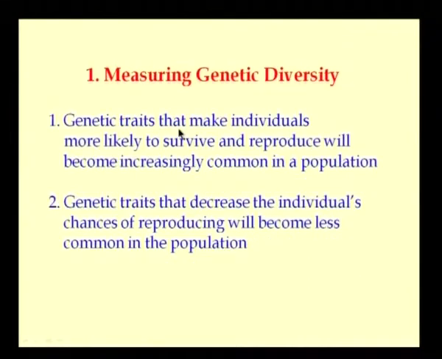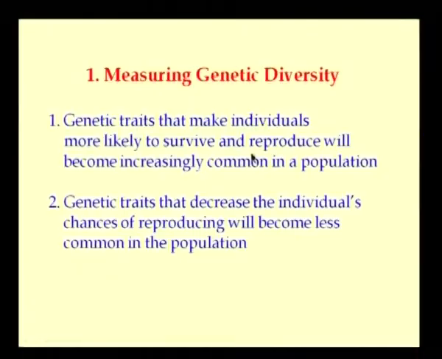So, therefore, genetic traits that make the individuals more likely to survive and reproduce will become increasingly common in a population. In the earlier lecture, we looked at what is meant by a population. All the individuals that belong to one single species is called a population. So, genetic traits that make individuals more likely to survive and reproduce will become increasingly common in a population, and genetic traits that decrease the individual's chances of reproducing will become less common in the population.